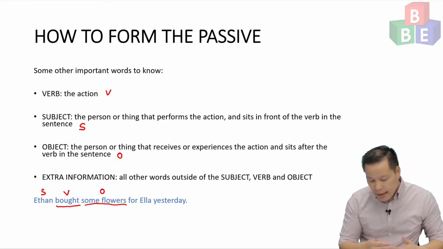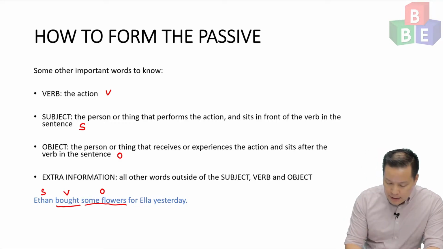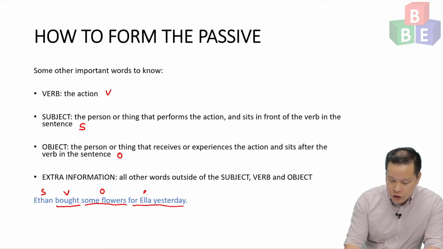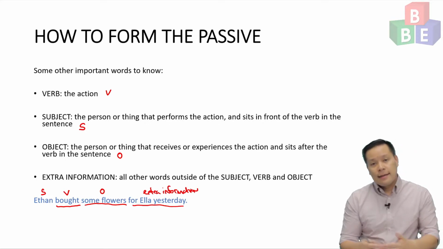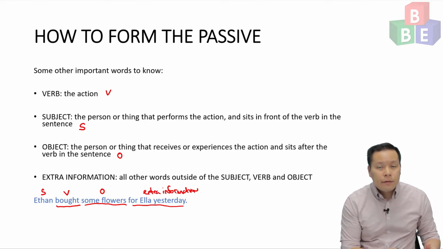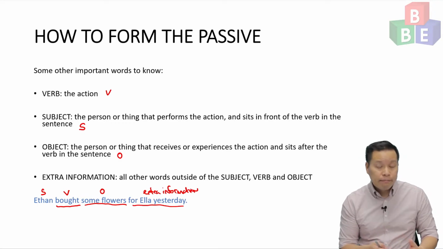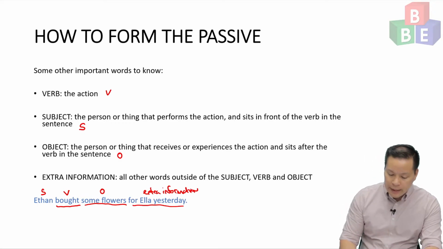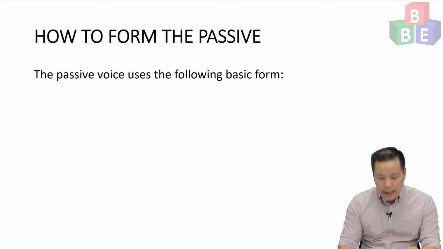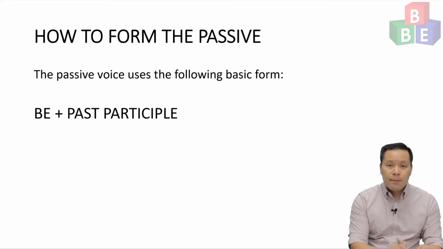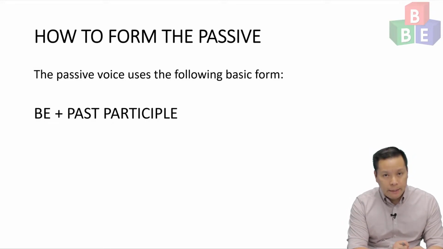Everything else is extra information. This is not necessary to make sense in the sentence, but it is nice to have because more information is good. So let's begin. The passive voice uses the following basic form: be plus past participle, or verb 3.